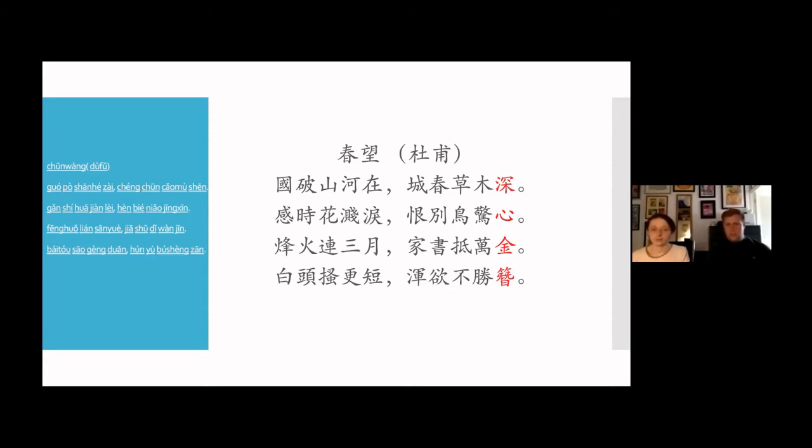So that suggests that Du Fu is doing something a little different here. He's not having the last sound of each line of the couplets rhyme. But okay, that may not be his rhyme scheme. He's decided to go against the grain and do something different.